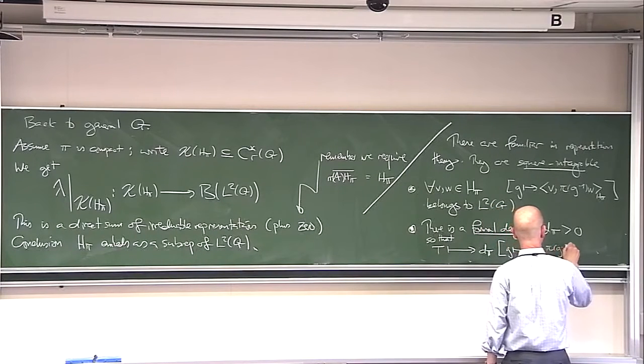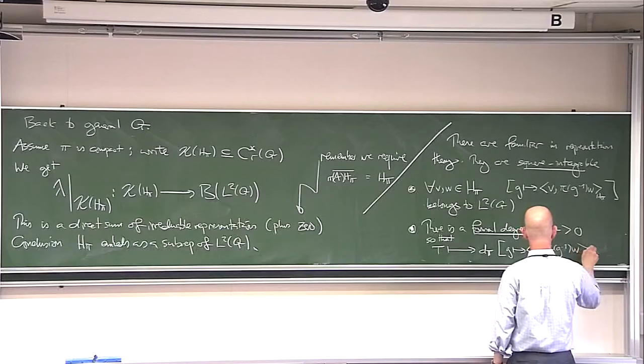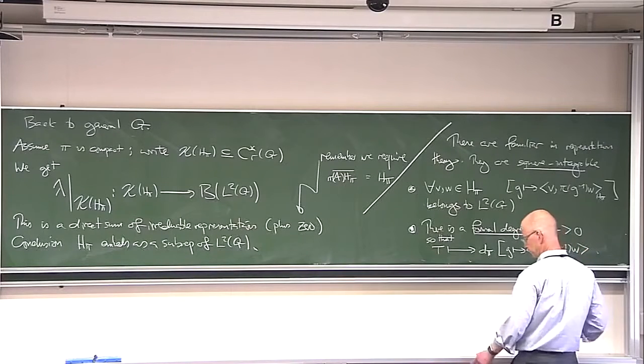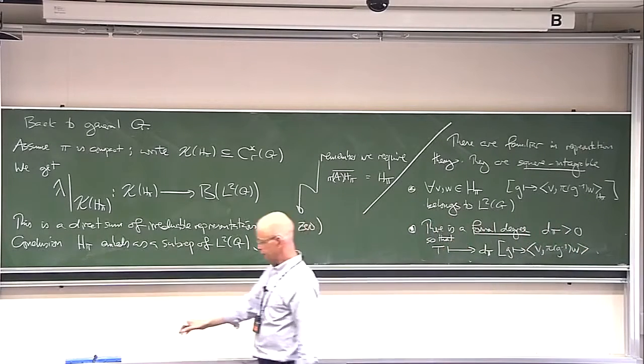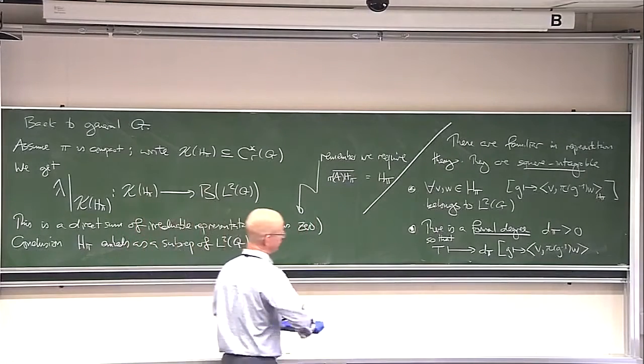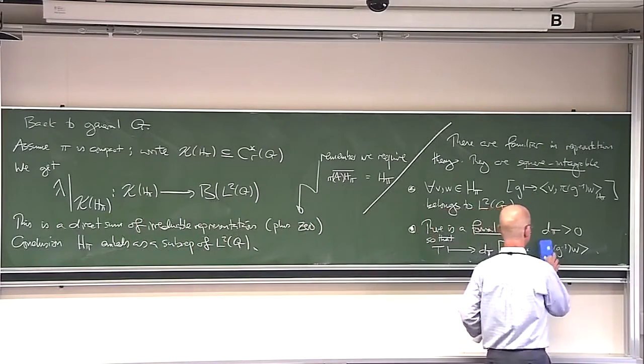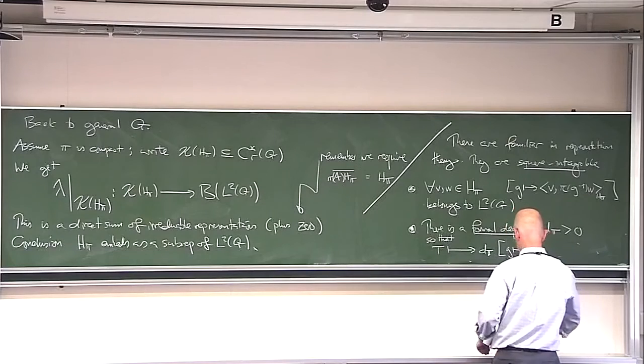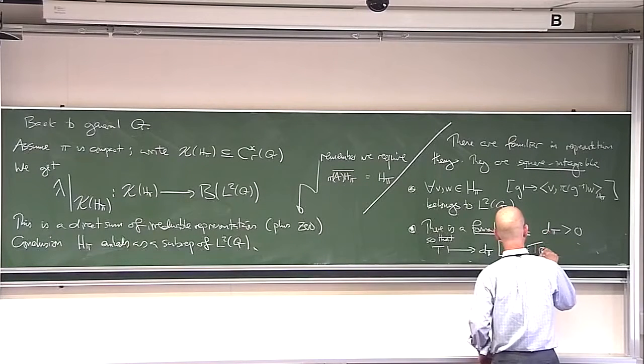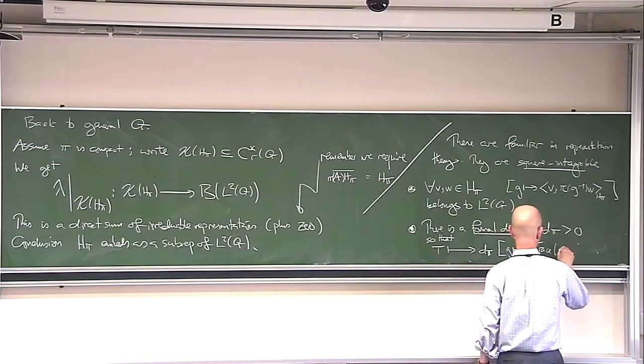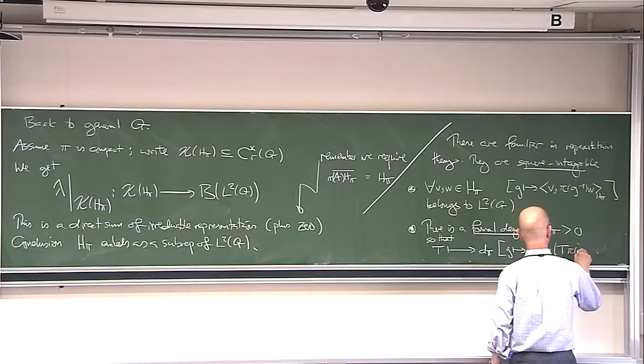And then it's exactly the same thing. Oops, sorry, I'm writing down the wrong version of it. What I wanted to write down, as I said, is exactly the same thing, and then I screwed it up. So here I want to take the trace of t times pi of g inverse.